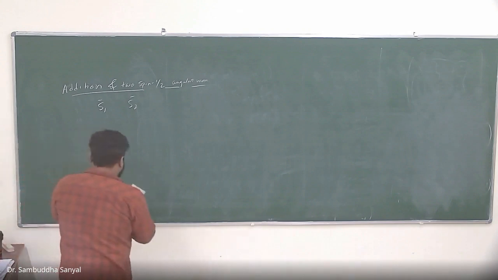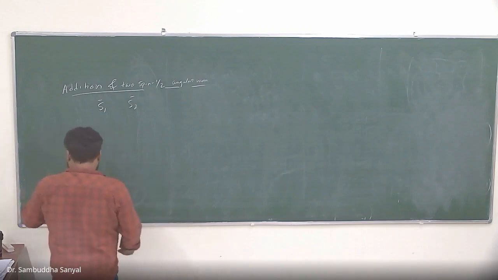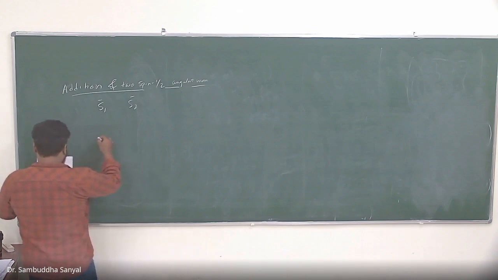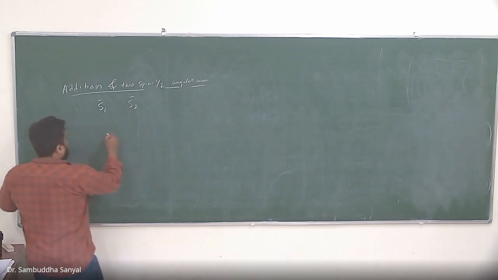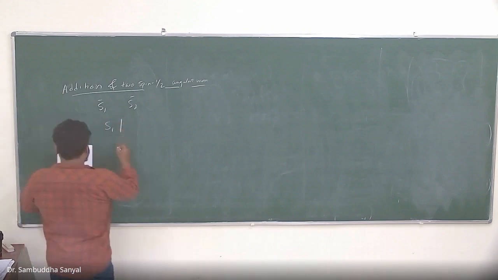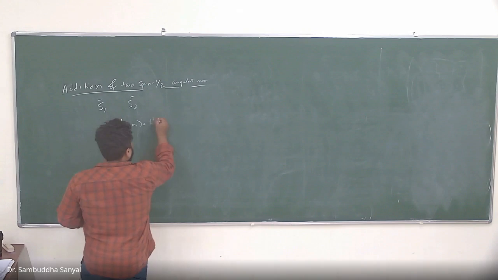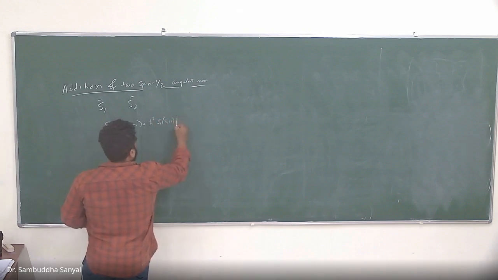Okay, now I want to describe this two particle state. So let's say for each of these particles, I should be able to construct an operator S1, which acts on the state of the first one and gives me h-bar squared S1 into S1 plus 1, S1.